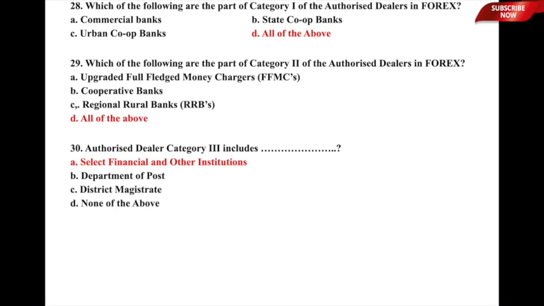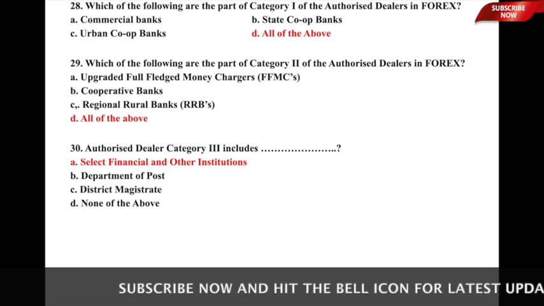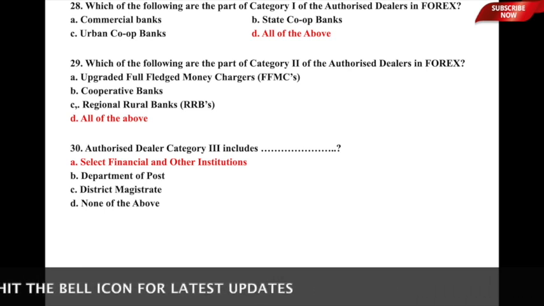Let us now move to question number 29. Which of the following are a part of category 2 of authorized dealers in forex? A upgraded fully fledged money changers or FFMCs, B cooperative banks, C regional rural banks or RRBs, and D all of the above.